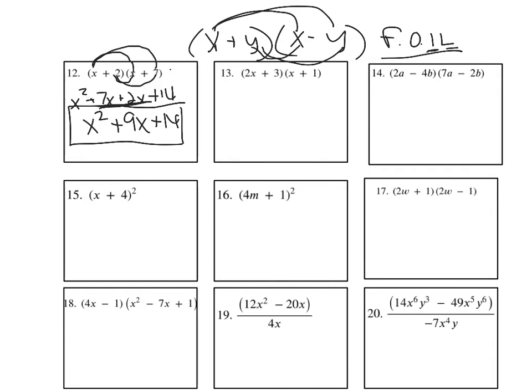Anytime you multiply two binomials like that, most of the time you're going to come up with a quadratic. And remember, a quadratic is any equation or expression that the degree is 2. It's got an x squared in it. Linear has a degree of 1. Cubic has a degree of 3.